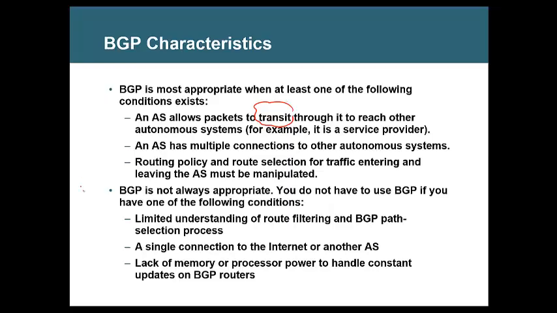Now these below three lines say when BGP is not appropriate. If the administrator does not know much about attributes, if the administrator is not aware of the attribute list and the difference from one attribute to another, which means he has limited understanding of how to use attributes in route filtering and path selection using BGP.